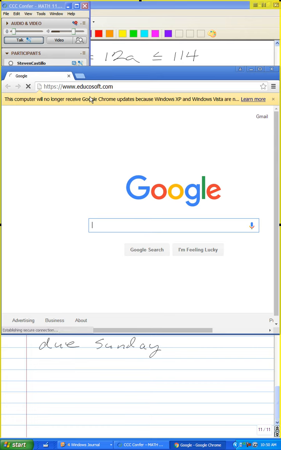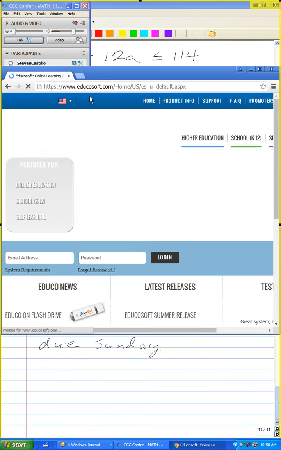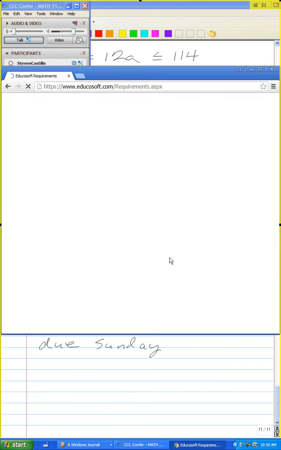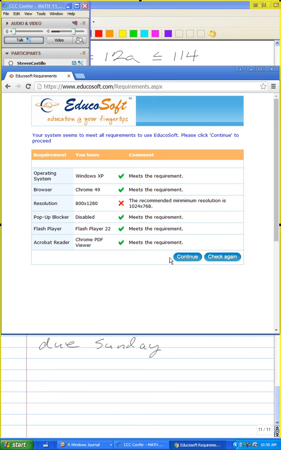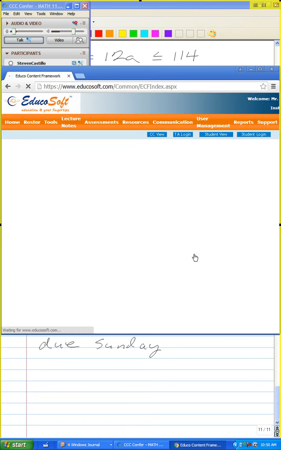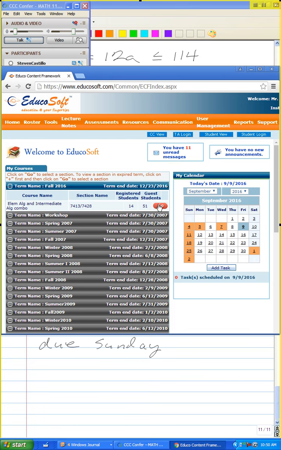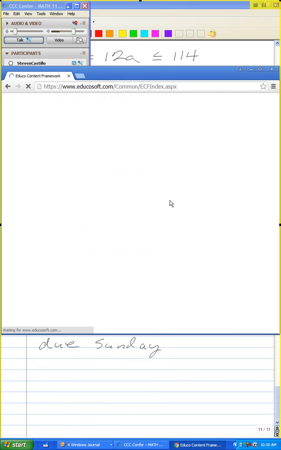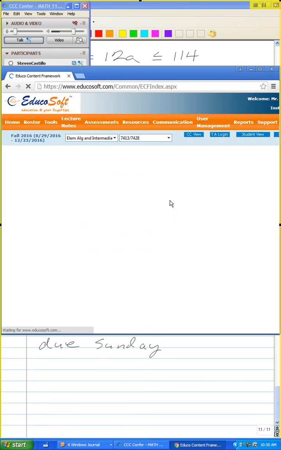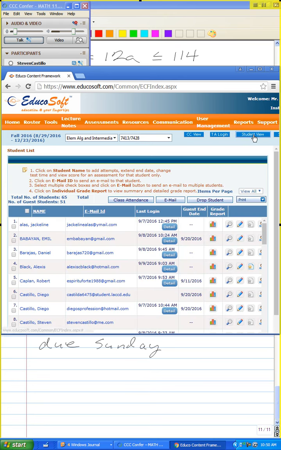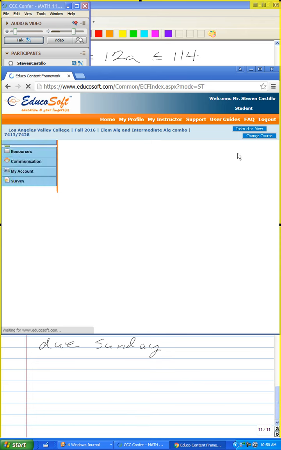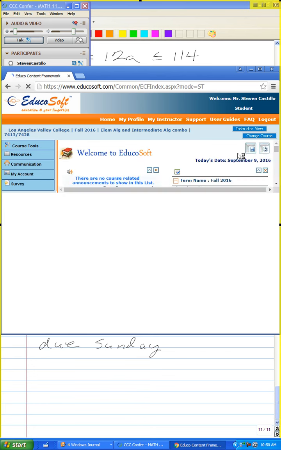Okay, let's see how lucky we are and see if it crashes or not. Student view. Okay, so I'll show you several different ways.